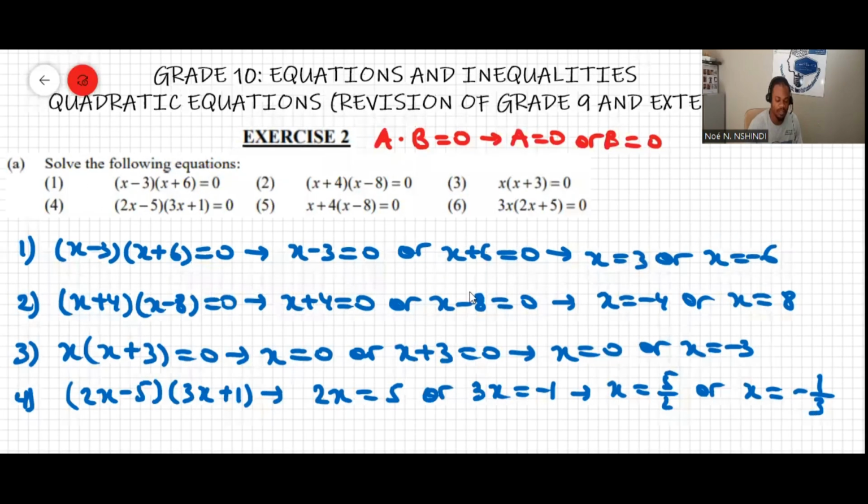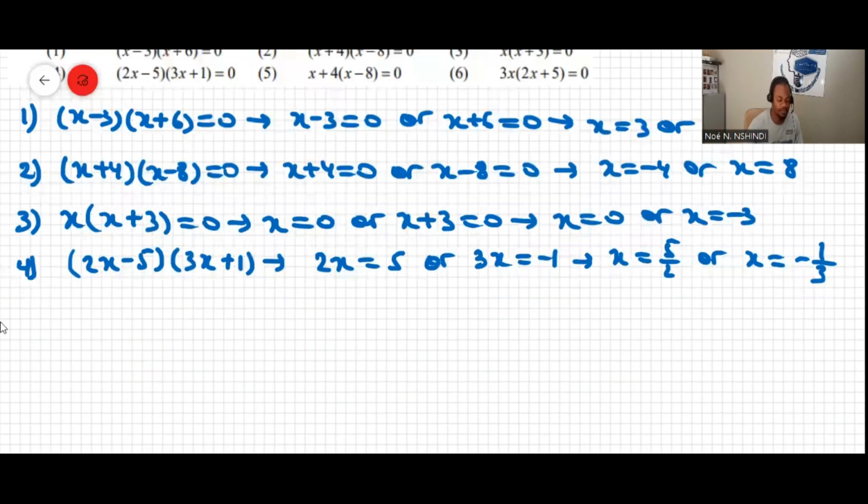Now over here we need to be careful. Question 5, there it's (x plus 4) open brackets (x minus 8) equals 0. Here we cannot apply the property because what is on the left-hand side doesn't form a product. We have terms. This is a term, that is also a term. So in this case we need to expand this.